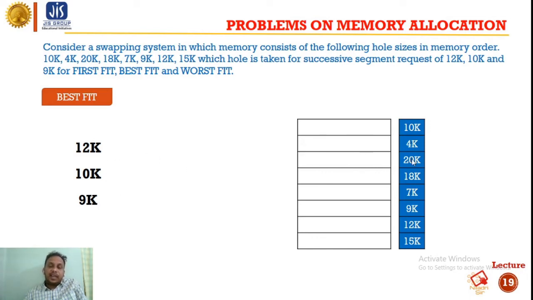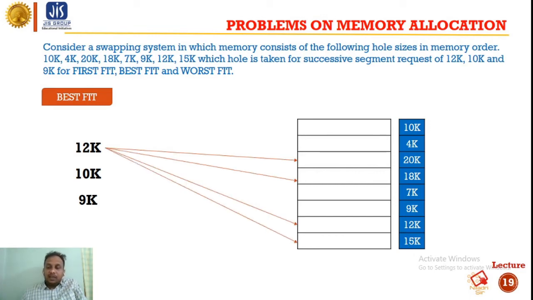So 20K can be fitted, 18K can be fitted, 12K can be fitted, and 15K can be fitted. These four holes can fit 12K. After that, the CPU will check the smallest among these four, and the smallest is this 12K. So the 12K will be inserted here.